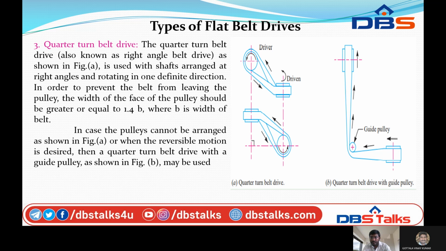In this pulley, the belt is passing from horizontal direction to vertical direction, from left side to top side. So we can see the arrow marks. The belt rotates in the guiding pulley from horizontal rotation to vertical rotation. So this is the quarter turn belt drive.